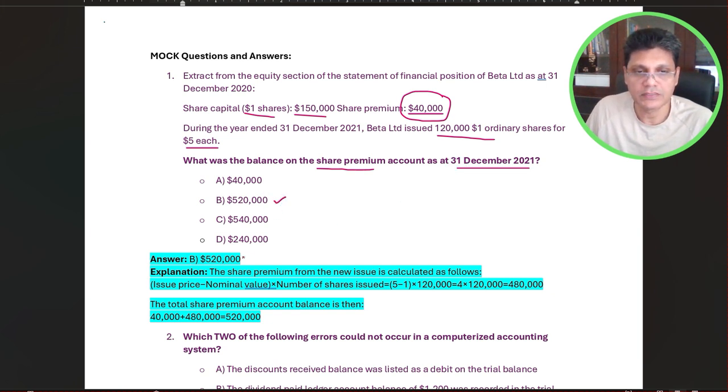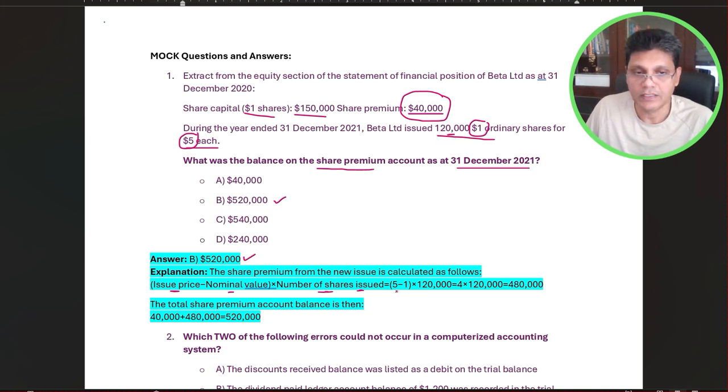How did we arrive at this number? Basically, your nominal value is $1 and these shares are issued at $5. So the issue price is $5 and the nominal value is $1. That difference is multiplied by the number of shares issued, which is 120,000 shares.